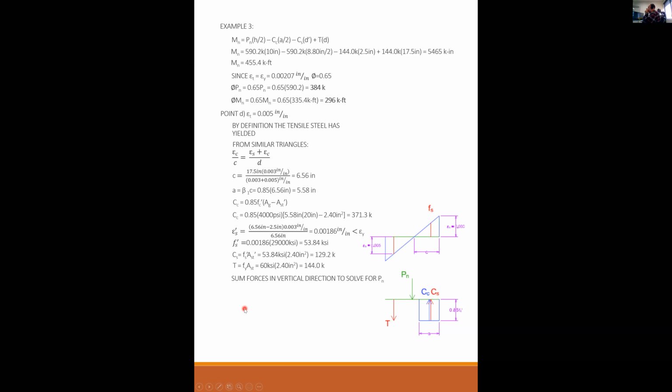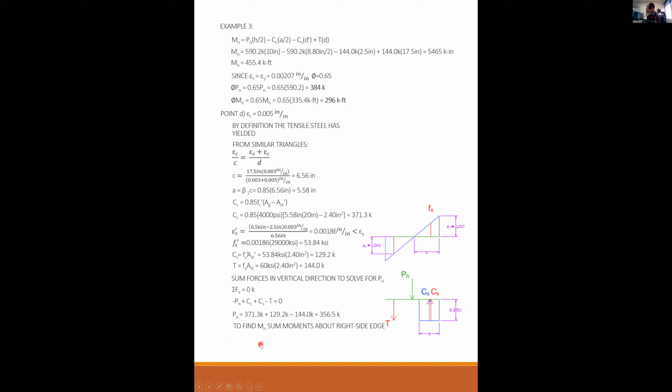Sum the forces in the vertical to solve for P: minus Pn plus C sub C plus C sub S minus T equals 0. So 371 plus 129.2 minus 144 is equal to 356.5 kips.